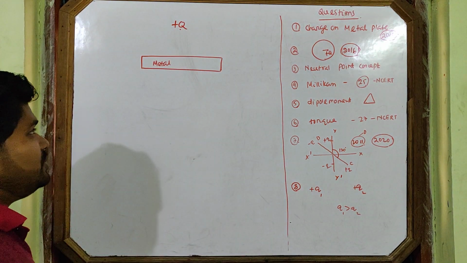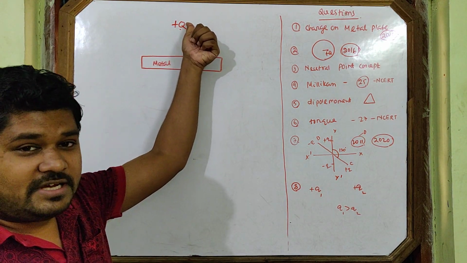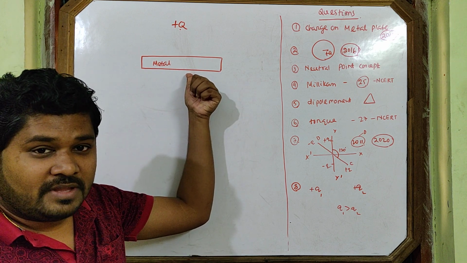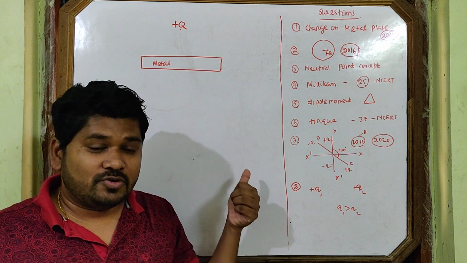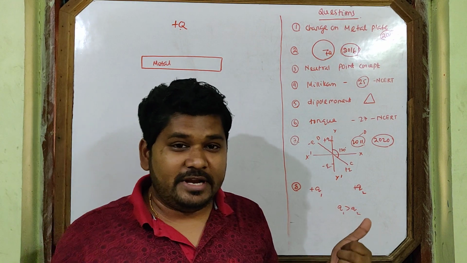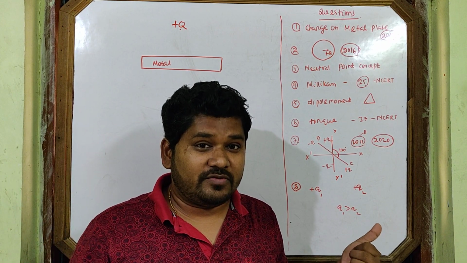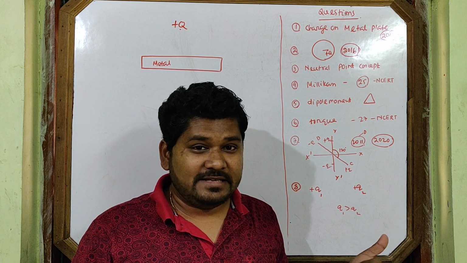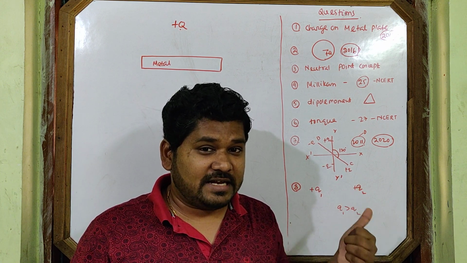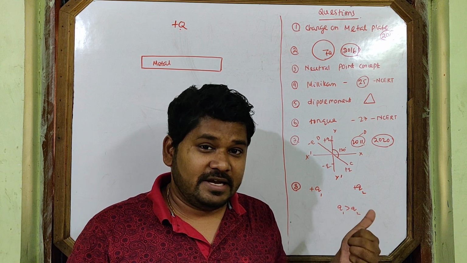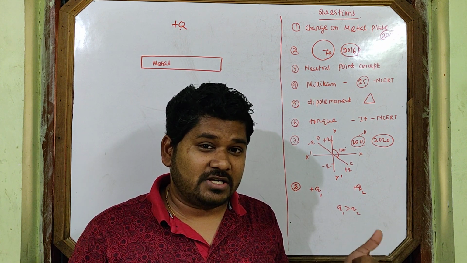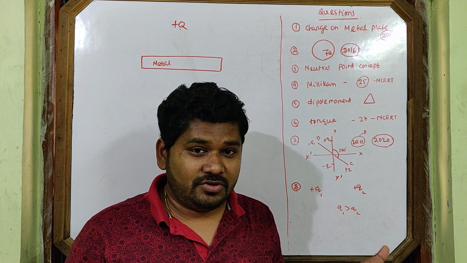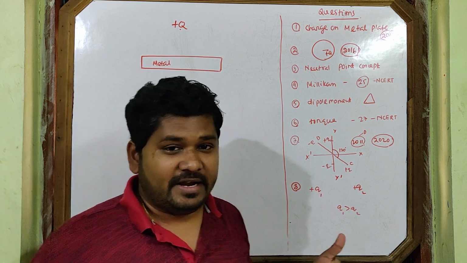This is plus Q. If plus Q charge is there and metal is placed close to it, which concept comes here? What will happen? Induction. Metal is there and one charge is very close to it, so induction must happen in the metal. The charges get separated.